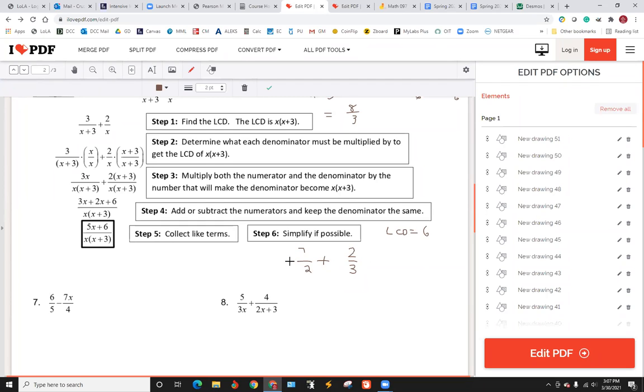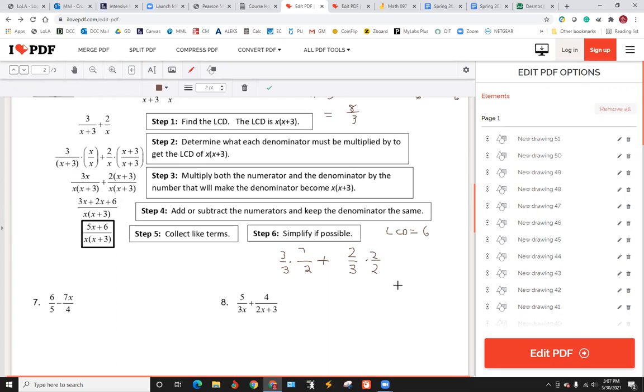So that means this side has to be multiplied by the missing factor, which is 3 over 3. And this side is going to be multiplied by the missing factor, which is 2. When you find that number, you have to multiply numerator and denominator, because this right here is functionally equivalent to 1.